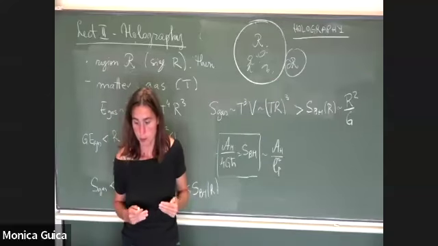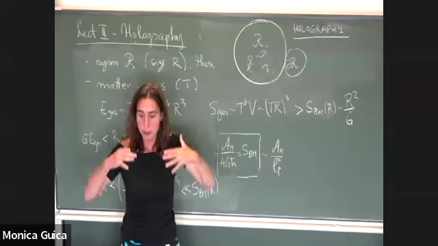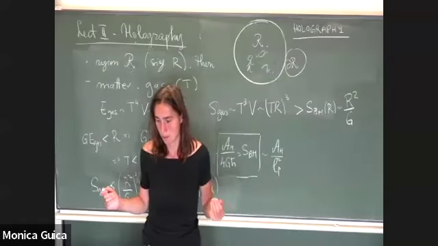It's effectively one dimension less. The maximum number of degrees of freedom doesn't scale like the volume of the region. It really scales like the area. And that's a very, very drastic behavior.